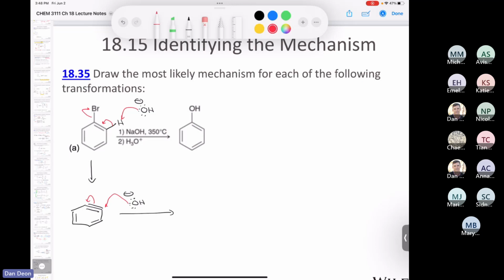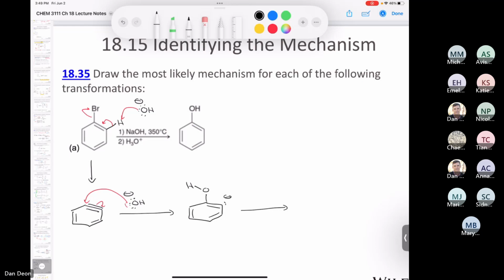So let's just draw, we'll go back to the first ones. Oops, I didn't do it right. So we'll go here and here like this. So that's going to give us this intermediate, which looks like this. There's our carbanion. All right, and then the last step, we just need to protonate it. But remember, we're in a strong base, we're in sodium hydroxide.